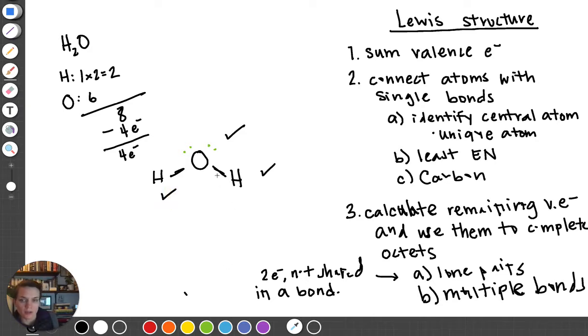Remember, this single bond counts as 2 electrons for hydrogen and 2 electrons for oxygen, right? By sharing, they have twice as much as they would have apart, right? Okay, so that's why I've drawn our water molecule that way.